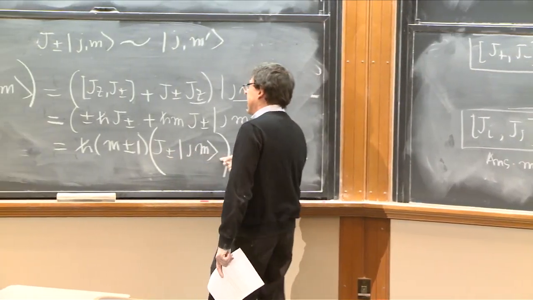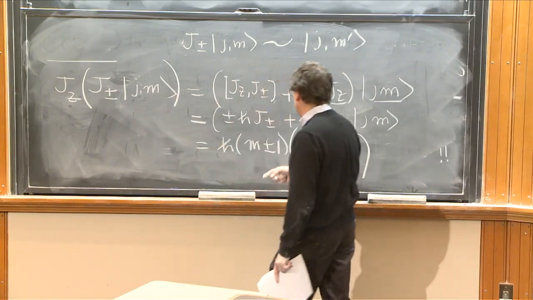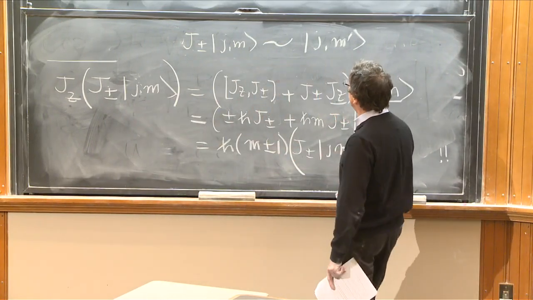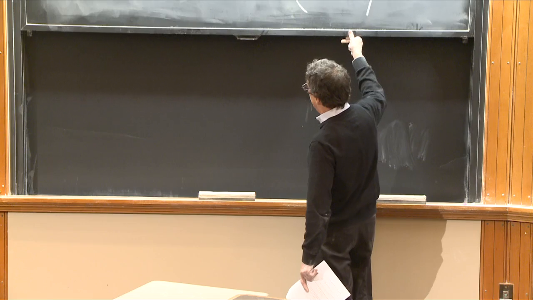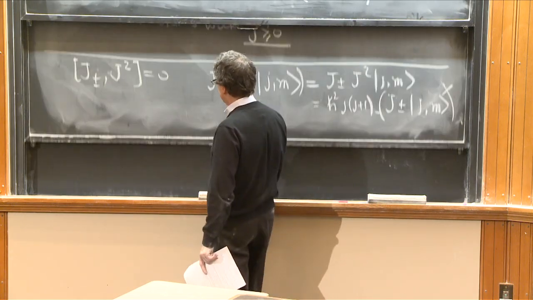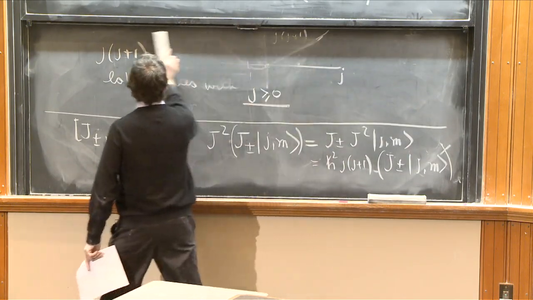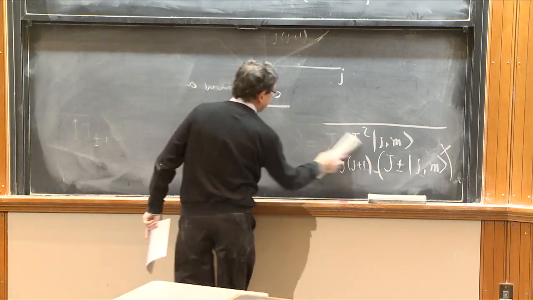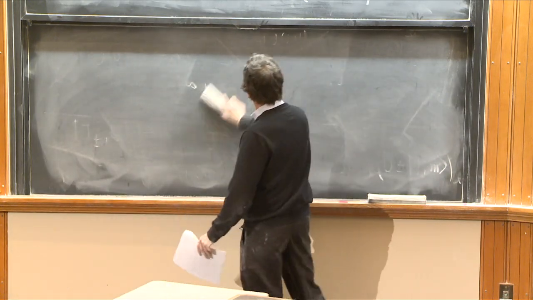So this state has m equal to either m plus 1 or m minus 1, something that we can write clearly in this way.